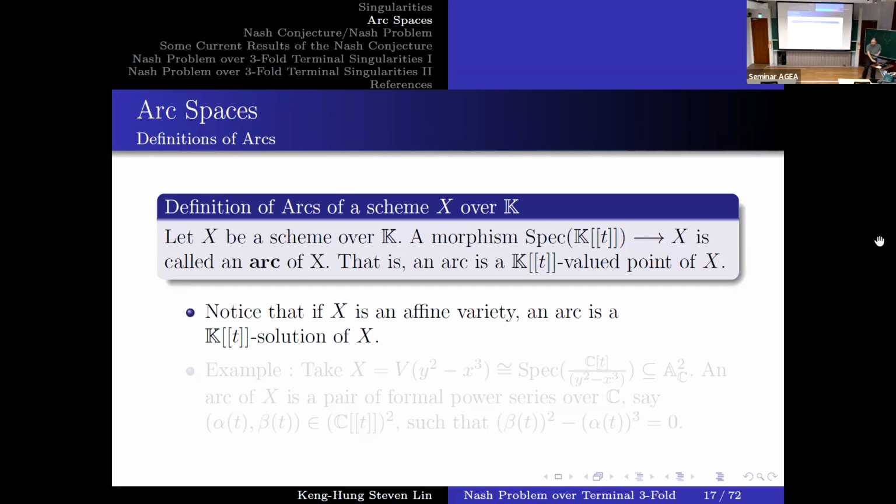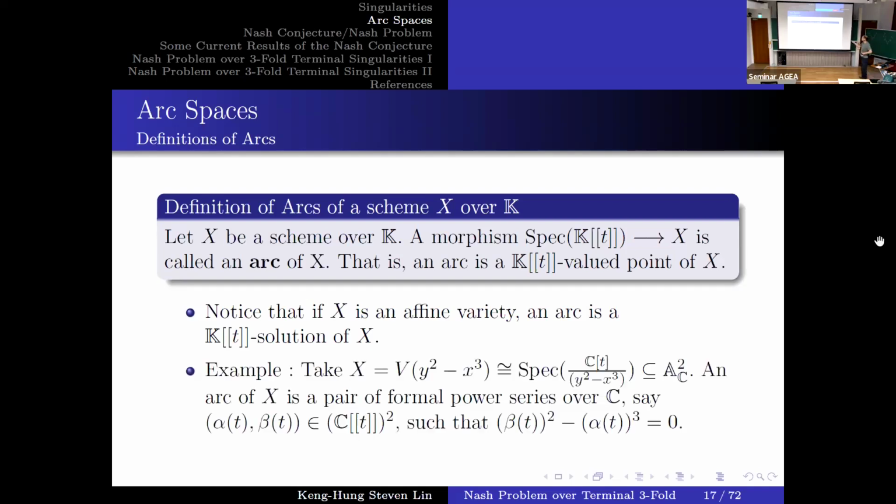So if you have some algebraic geometry background, you know that this is using the language of functor of points, right? So that means that for a scheme, any point, no matter whether it is a closed point or a generic point, can be realized as a morphism from some ring to X. This is the point of view from Grothendieck.